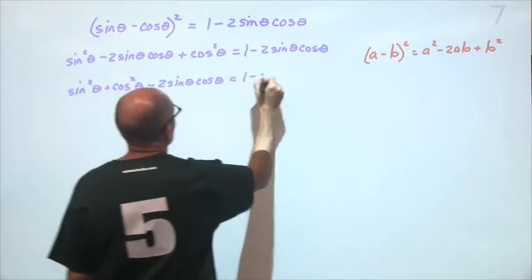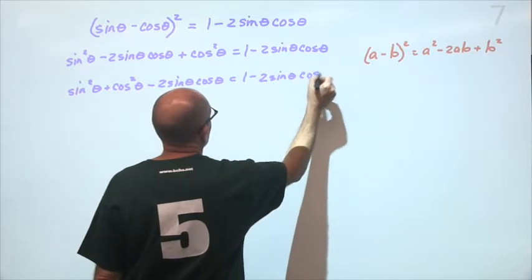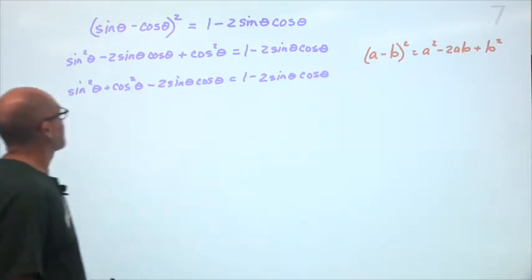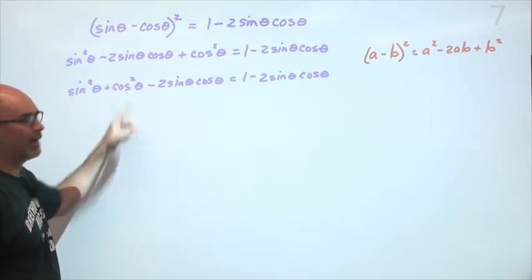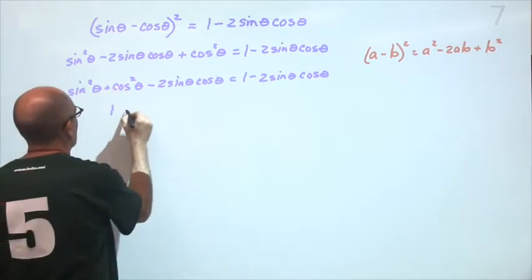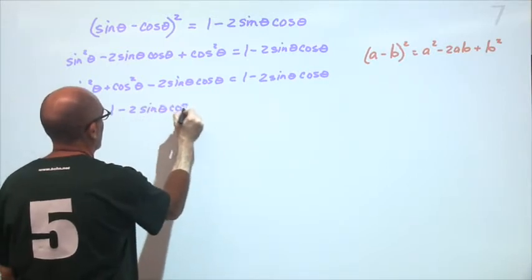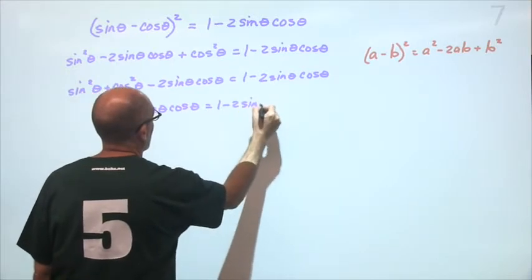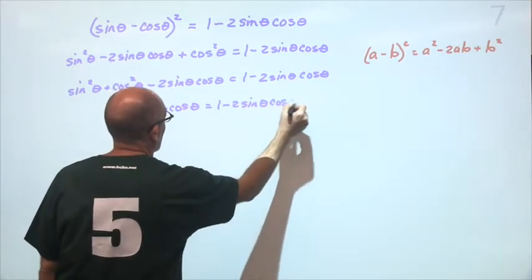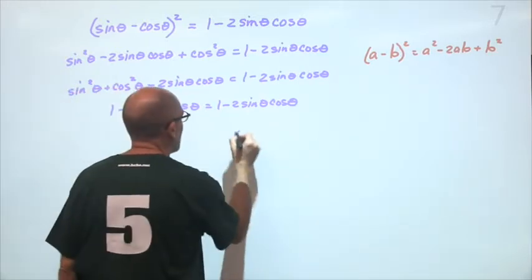equals 1 minus 2 sine theta cosine theta. Now, sine squared plus cosine squared equals 1. So notice the left and the right side match.